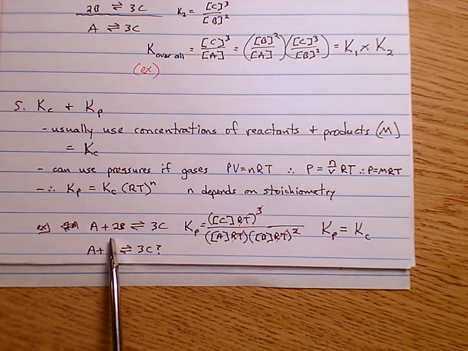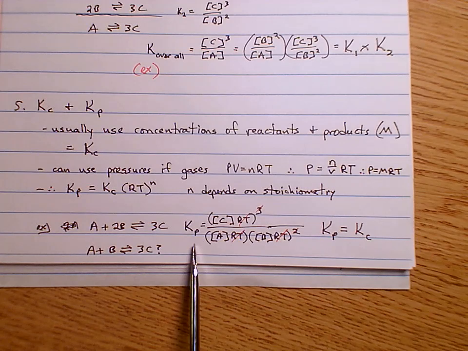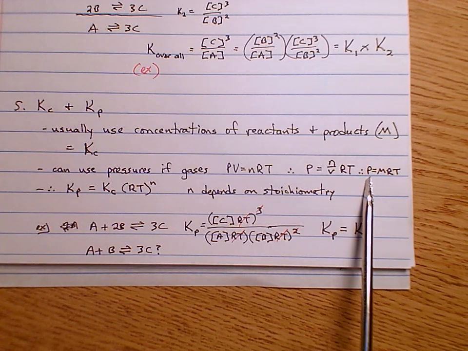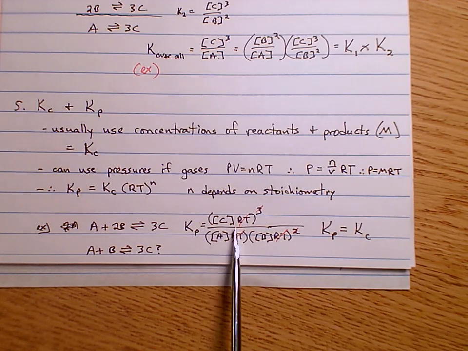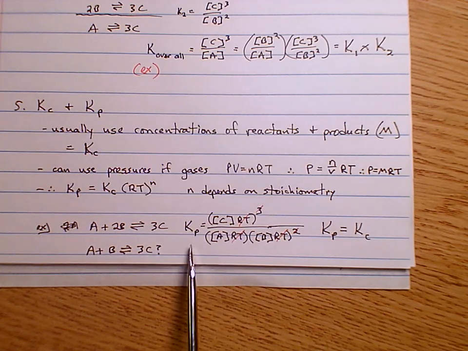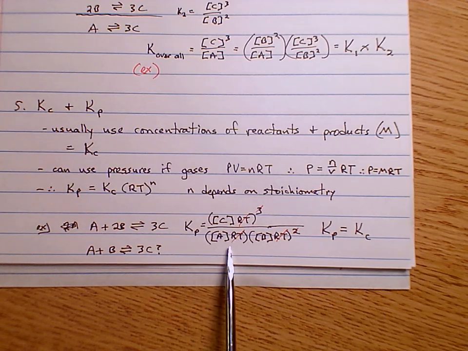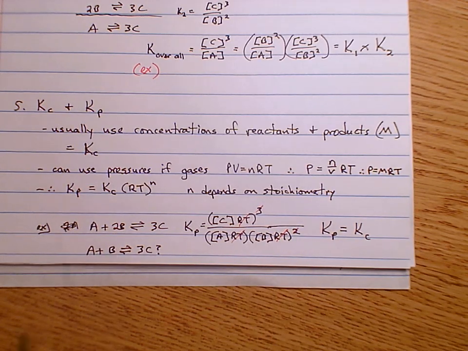For example, if you have A plus 2B in equilibrium with 3C, and let's assume all three of these are gases, Kp would be, if we're looking at pressure, the pressure of C, which equals the concentration of C times RT, cubed, divided by the pressure of A, which is the molarity of A times RT, times the pressure of B, which is the molarity of B times RT, squared, since you have to square that.